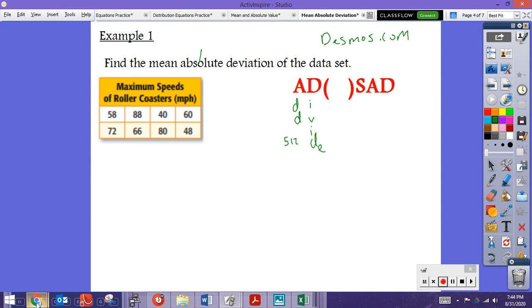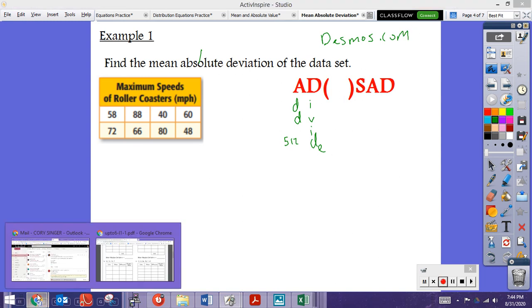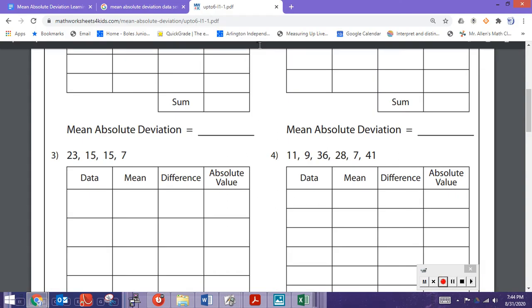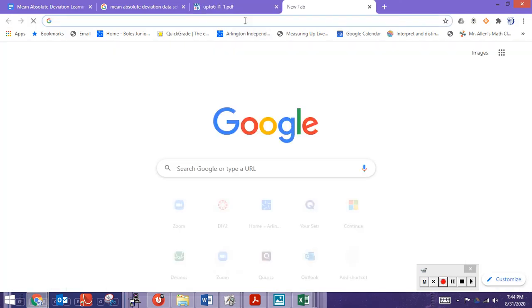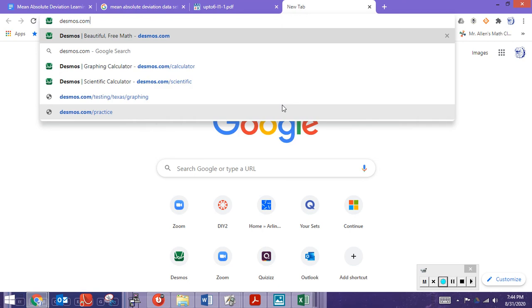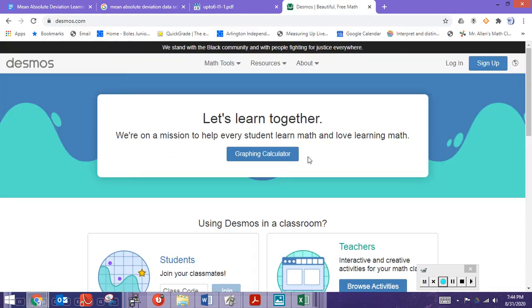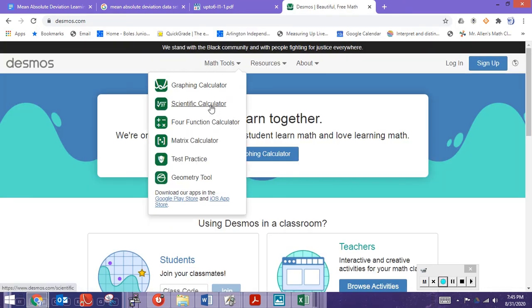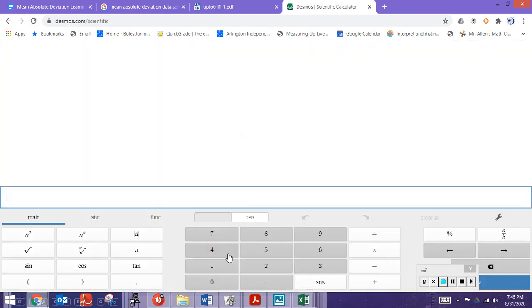If you use Desmos, just go to the scientific calculator, and then you can do that. Desmos also has an app for Apple and for Android, so you can download that in your app store, and then you'll have a calculator on your phone.